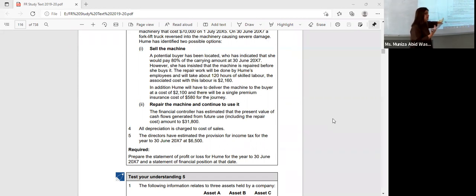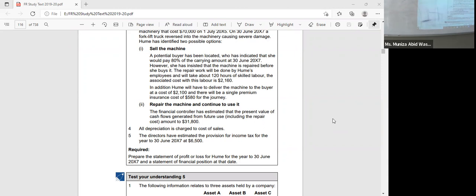How do you determine the year starting date? One month and one day after, and one year earlier. So it is 1st July 2006 to 30th June 2007. And you are required to prepare the statement of profit or loss and statement of financial position for Hume Limited.